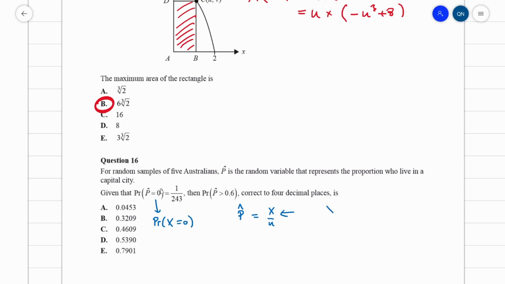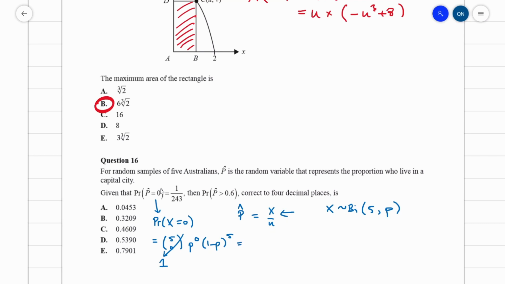Now what exactly is x? X is a binomial random variable with 5 trials and probability of success p, which we don't know. So what's the probability that x equals 0? It's n choose, which is 5 choose 0 in this case, which is 1, and then p raised to the 0, times 1 minus p raised to 5 minus 0, which is 5.